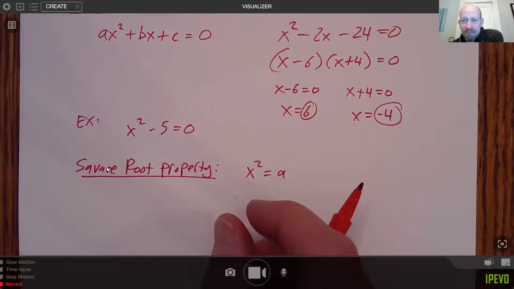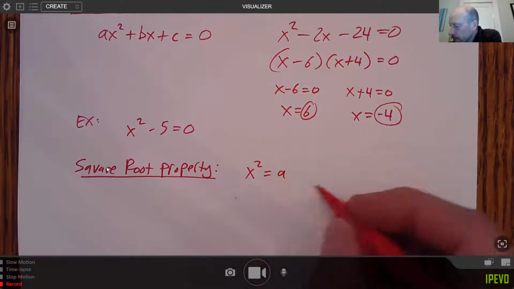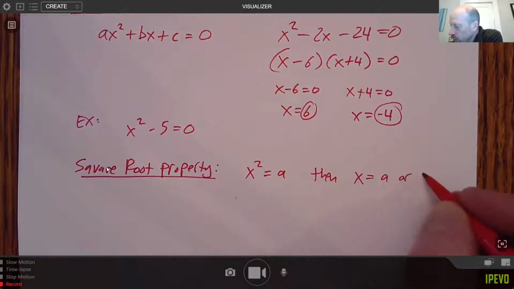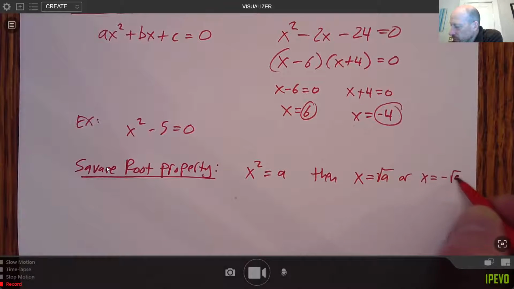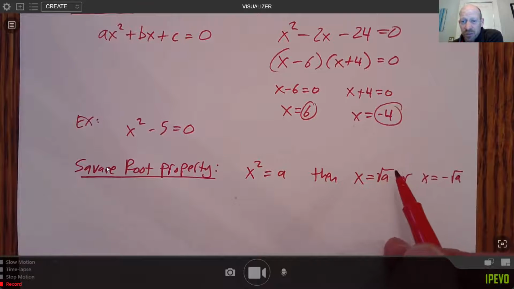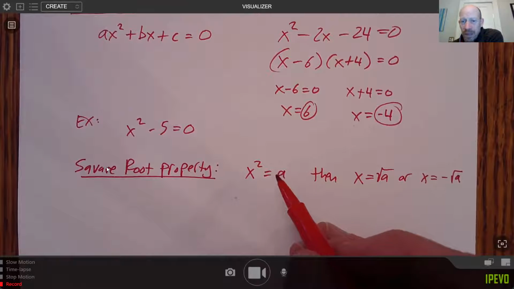It's actually not super complicated. It says if x squared equals a number a, then x equals the square root of a, or x equals minus the square root of a. This tells us the solutions to a quadratic of a particular form, x squared equals a number.